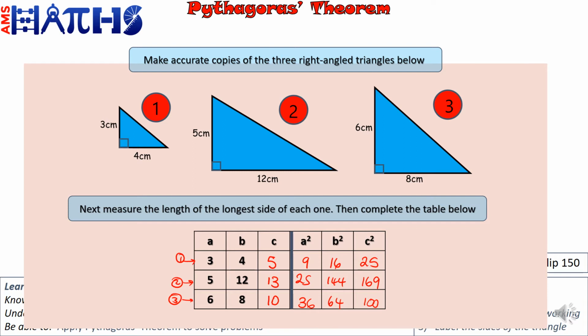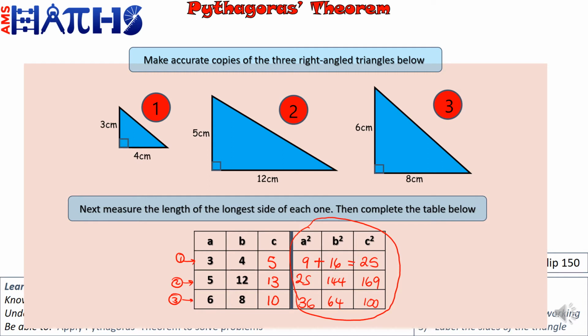Now I'd like you to focus on this part of the table that you've completed and think about if you could spot a relationship between A squared, B squared, and C squared. Okay, when we look at it closely, we can see that if I add 9 and 16, I'll get 25.